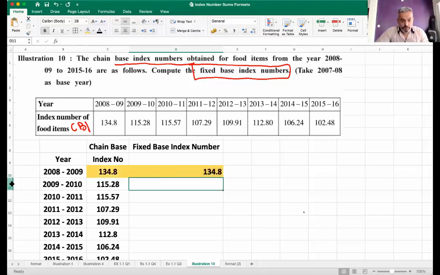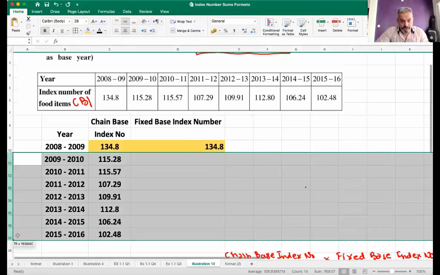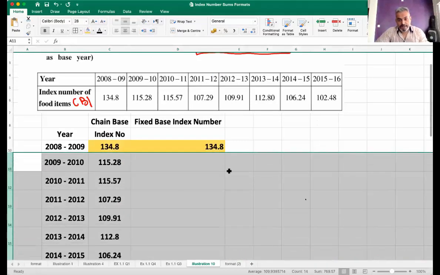Now let's go to the subsequent years, that is, the next years, and see what happens here.